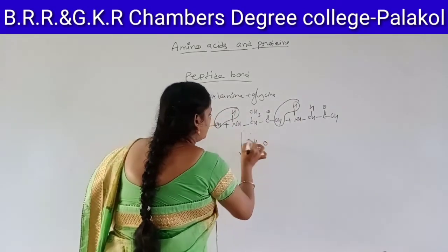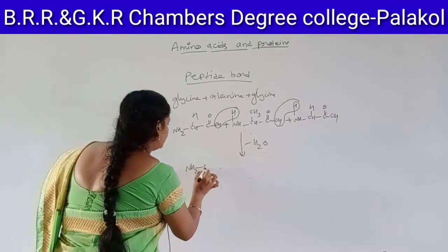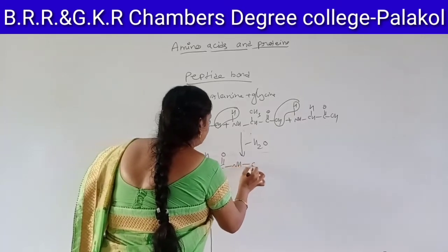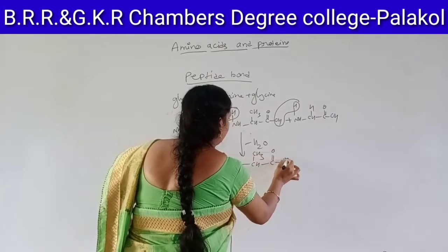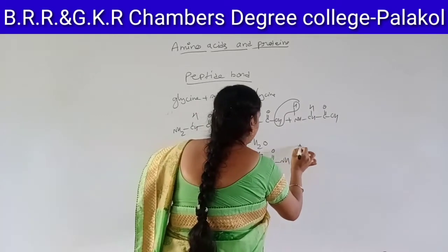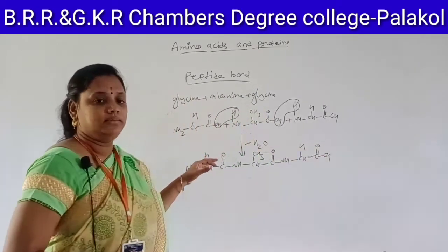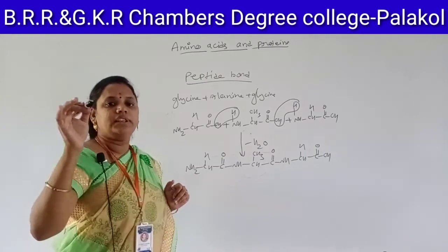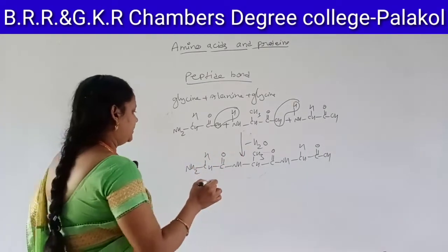By the elimination of water molecules, you will get NH2 CH2 C double bond O NH CH CH3 C double bond O NH CH2 C double bond O OH. This product is obtained by addition of 3 amino acids, hence it is called a tripeptide.